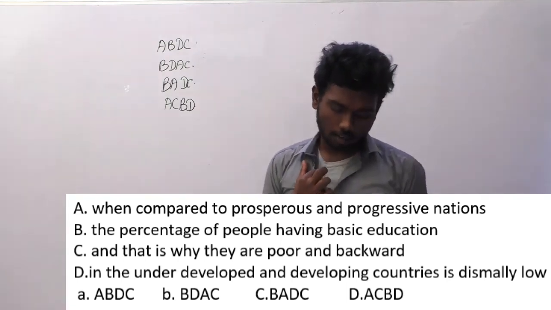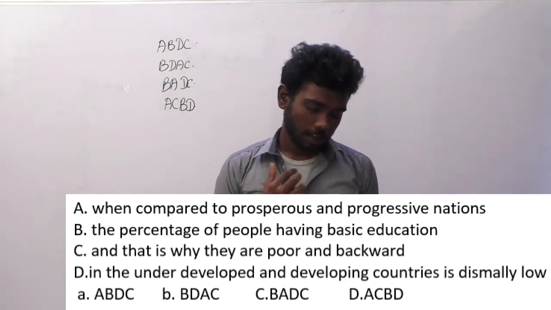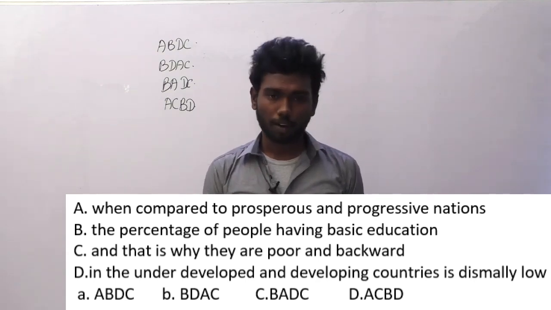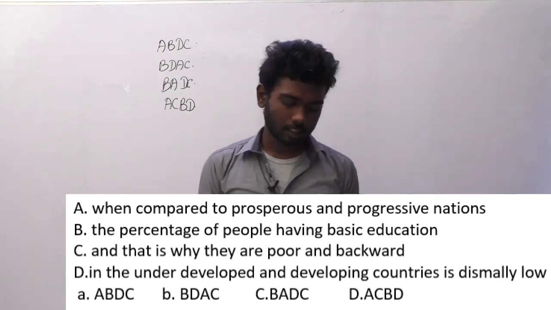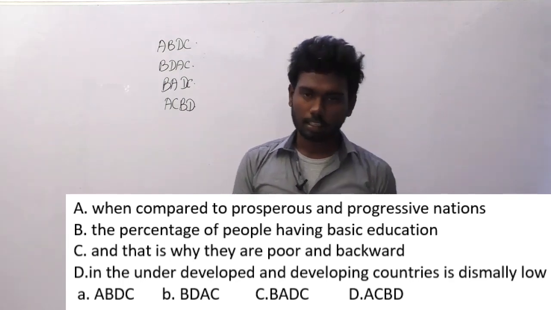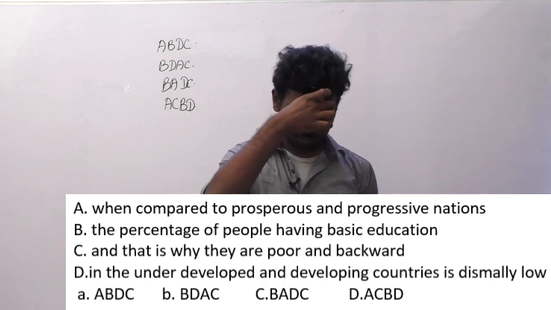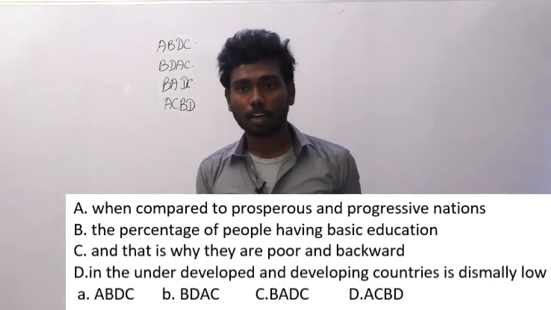So what will be the sentence coming next to sentence A? When compared to prosperous and progressive nations, they are comparing something to another thing. We have to find what the other thing is. The percentage of people having basic education is the second thing here. So option B is the second, and option D will follow that, because they are comparing the progressive nations with the underdeveloped and developing countries.